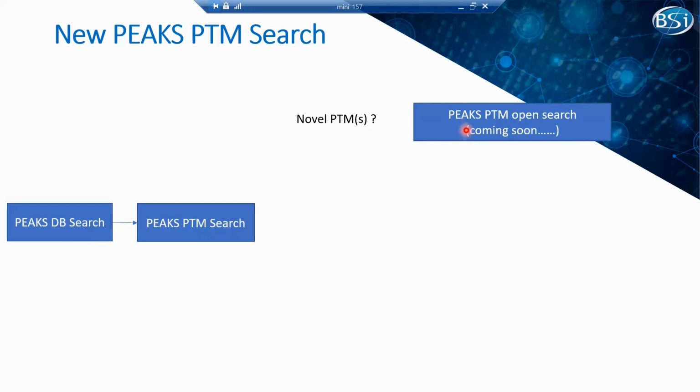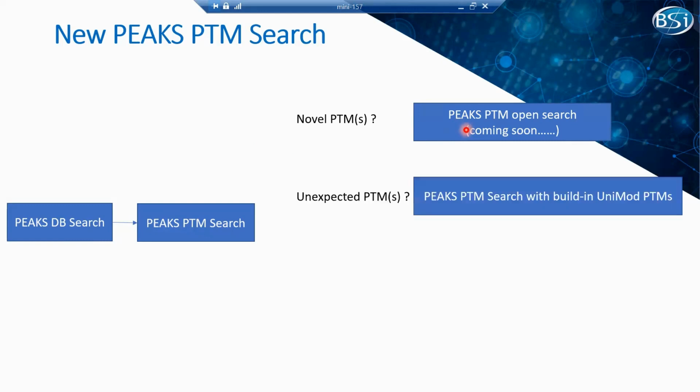We call it PEAKS PTM open search. It will help you find novel PTMs. And is there any unexpected PTM in your result? To answer these questions, you can use the PEAKS PTM search to search the built-in common, unimod PTMs.